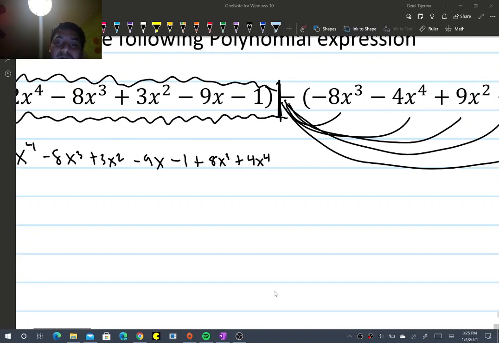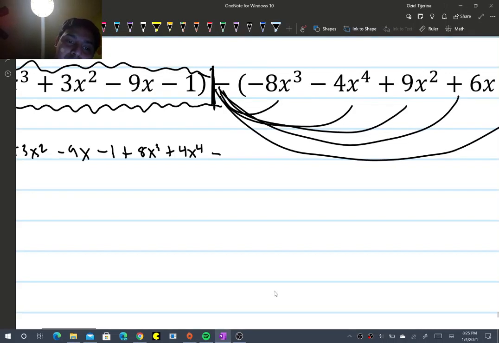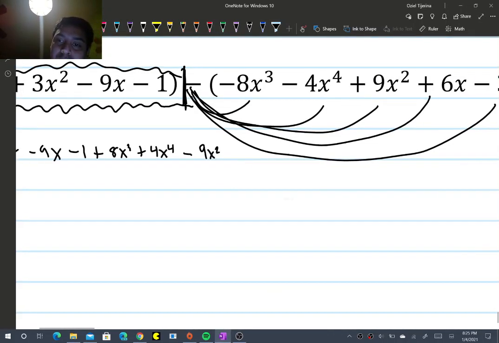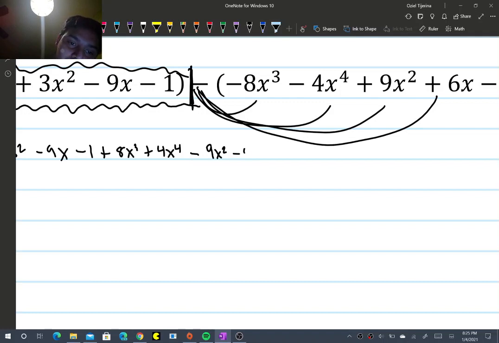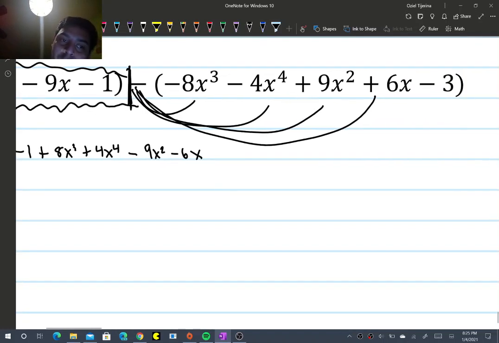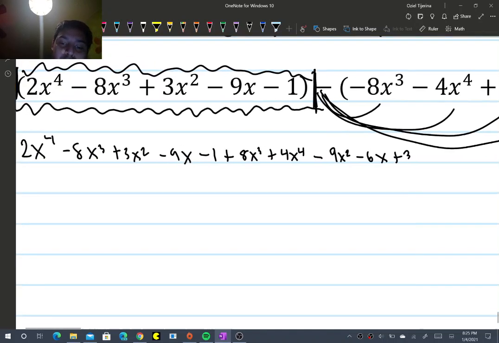Okay, so then it would be a minus 9x squared, and then minus 6x, and then a minus negative 3, that's going to be a plus 3, okay?